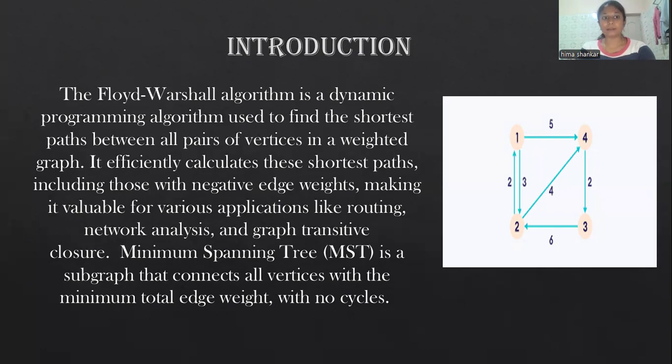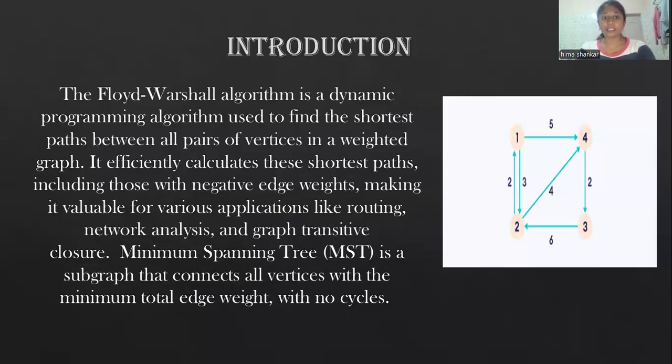It is a dynamic programming algorithm used to find the shortest path between all pairs of vertices in a weighted graph. So a weighted graph is one where on the edges there is a number that is called a weight of the graph. And directed means there is an arrow mark from one vertex to another vertex.